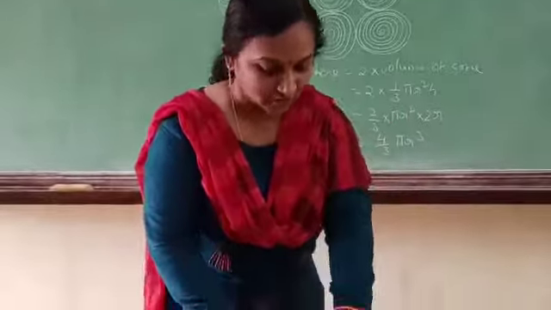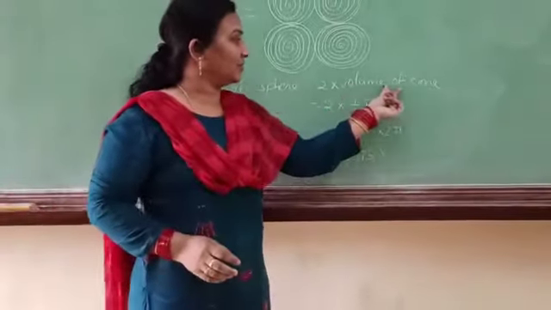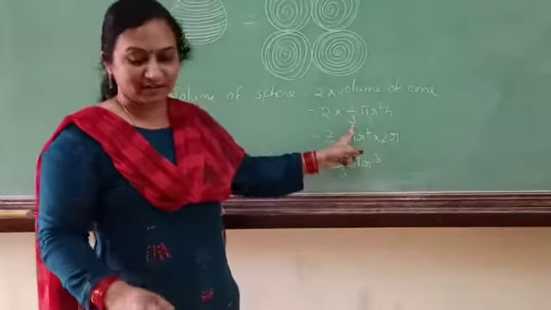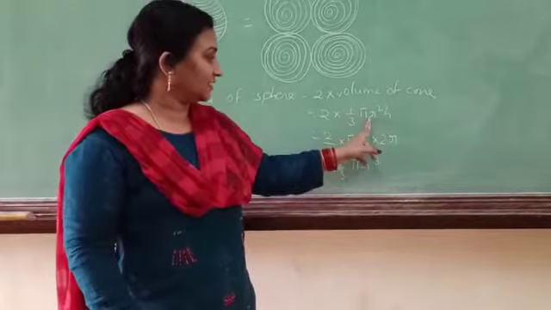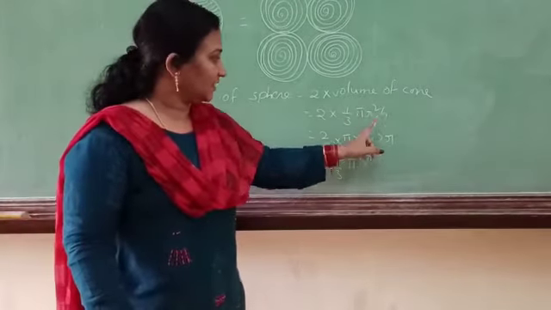That means volume of a sphere is equal to 2 times the volume of a cone. We know that from the activity, 1 by 3 pi r square h. So 2 into 1 by 3 is 2 by 3 pi r square h.